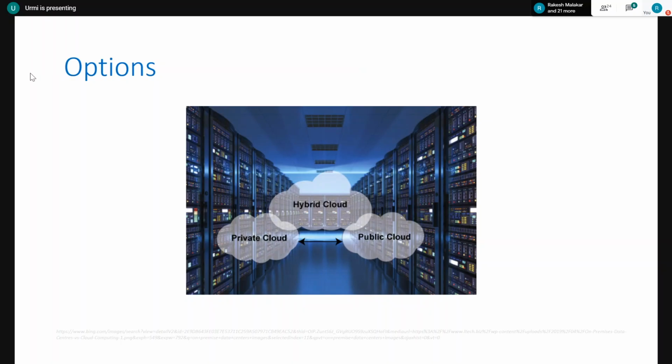So that is called a public cloud. You don't own the server, you don't own the network, you don't own anything, but you pay for consuming the services for that email service.